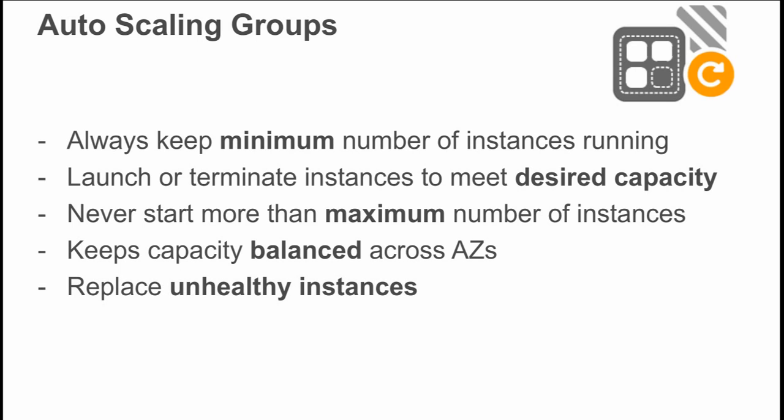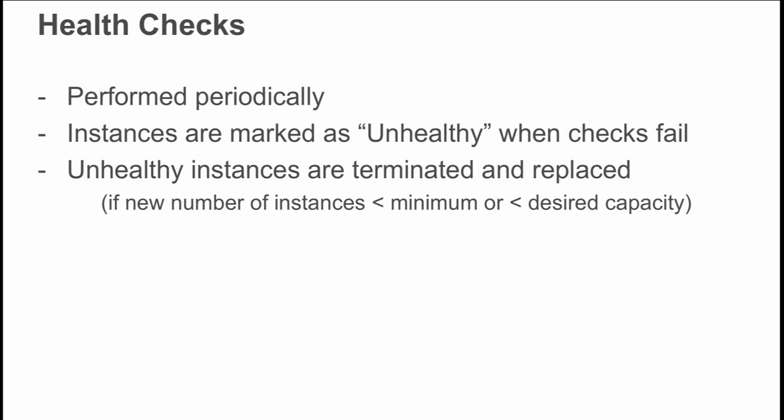It also replaces unhealthy instances. And that's the part where it saves you from a lot of pain of being paged and having to rush in and look after instances that are misbehaving, because autoscaling will just spot instances that are not behaving as expected, move in, terminate them, and replace them with a better one. This relies on health checks.